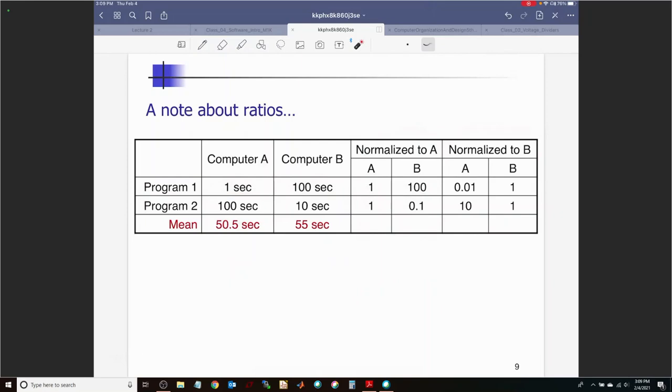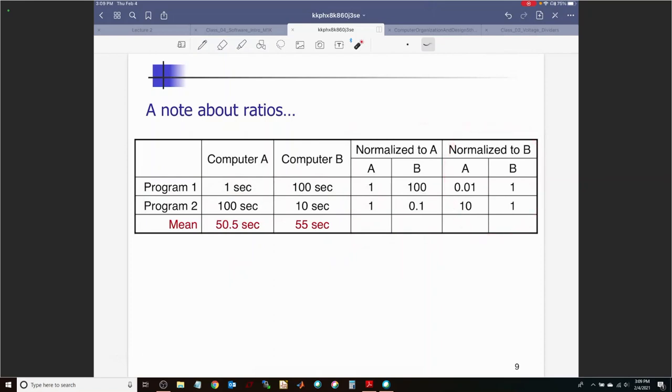So that's why we need a reference, a normalization. So we are trying to look at how effective arithmetic mean is when you use computer A as the normalizing computer or reference computer versus computer B.